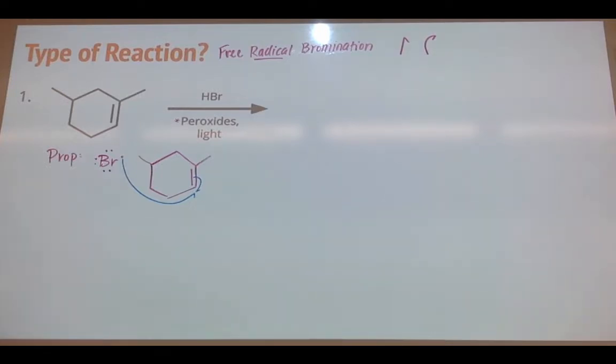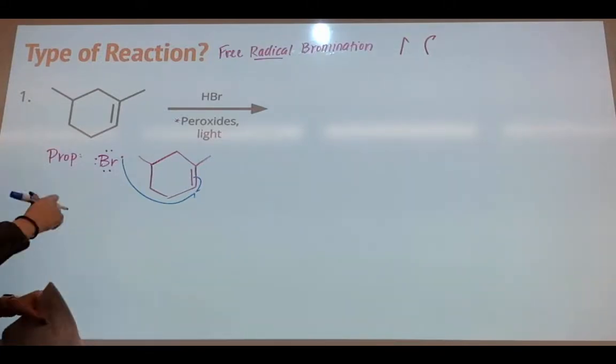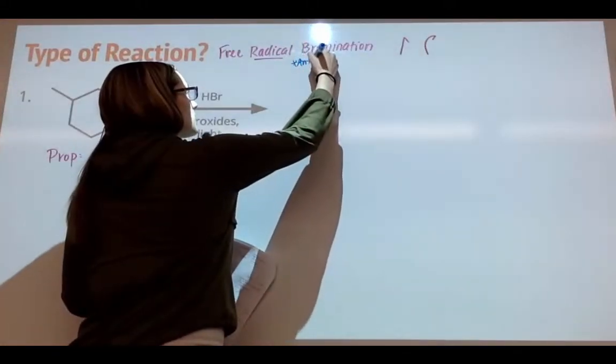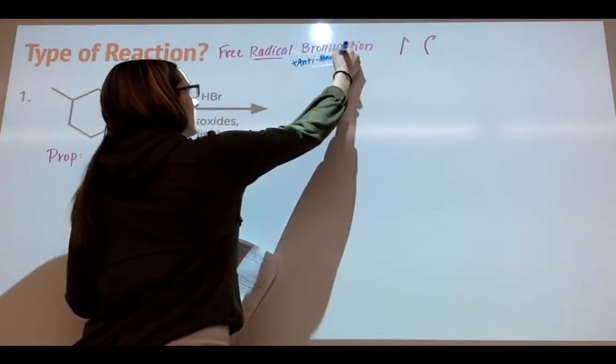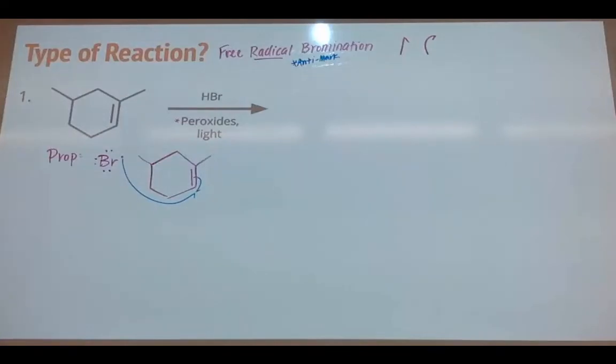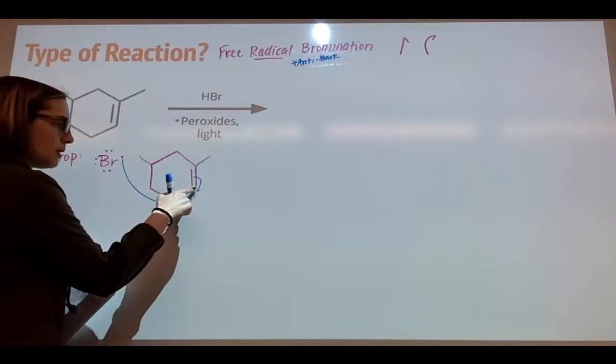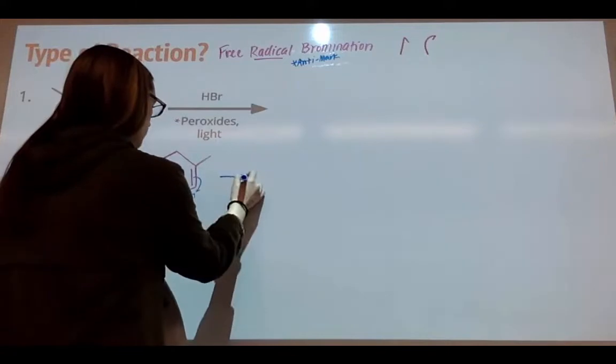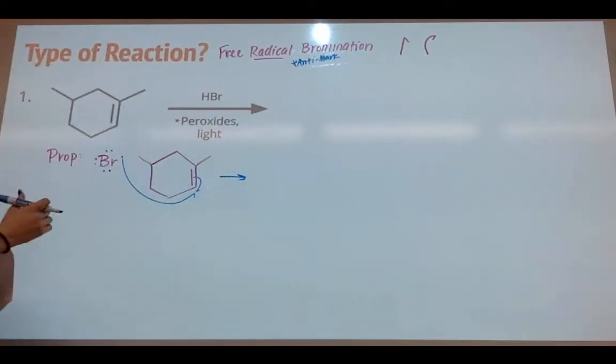Now, free radical bromination, if you look at the considerations, or your flashcards, this is anti-Markovnikov, which means that bromine adds to the less substituted carbon on the alkene, which means bromine is actually going to add here. I'll try to stick to my different colors.